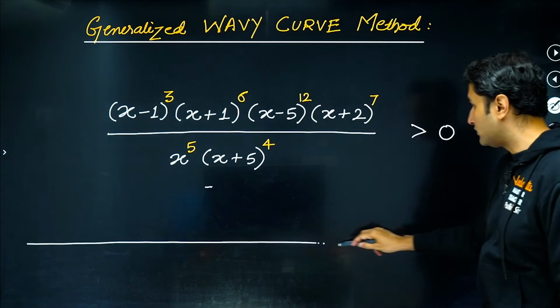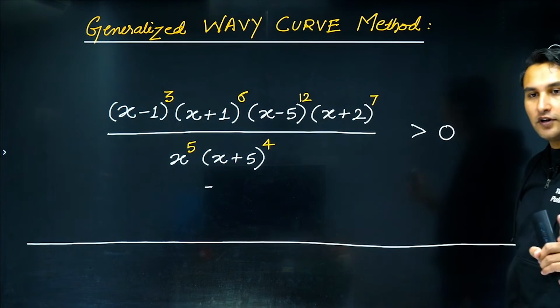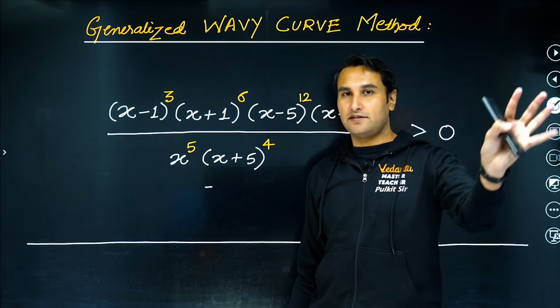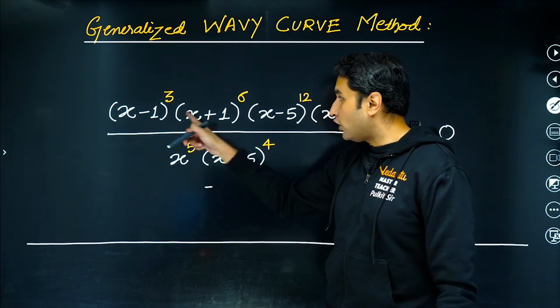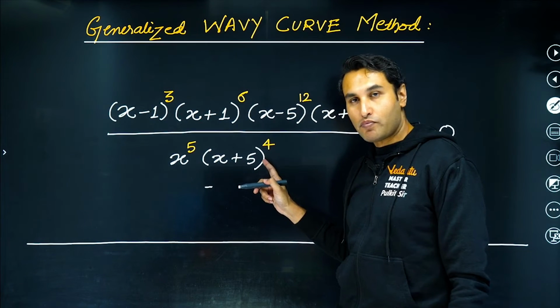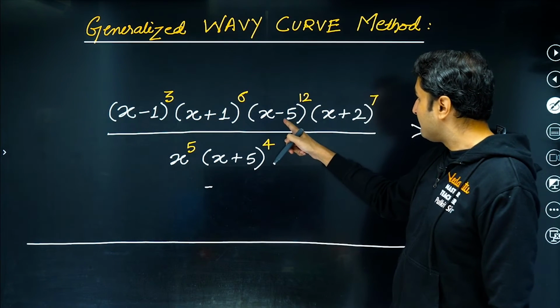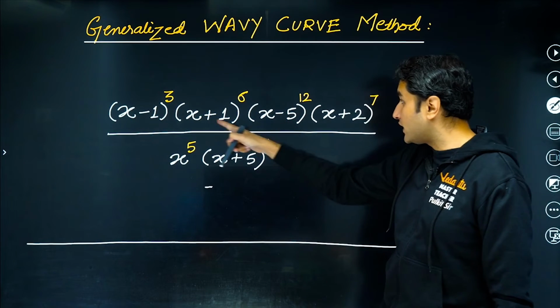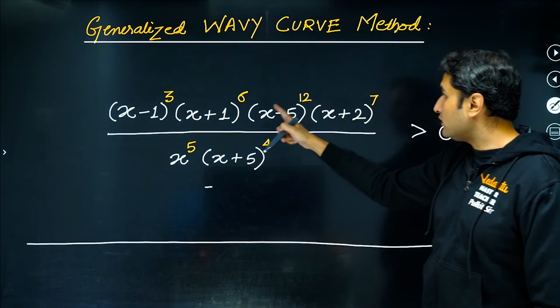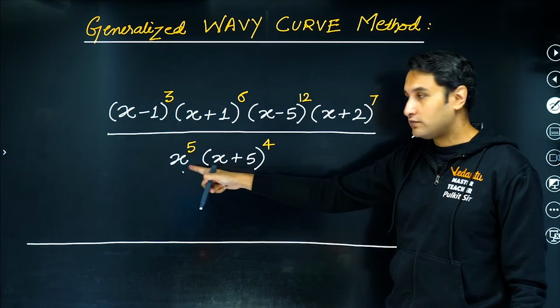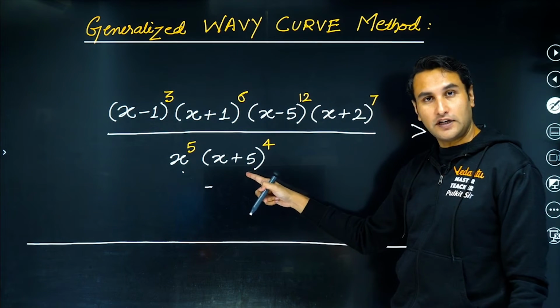Again as usual, make the number line. Step 1 remains the same. Step 2 remains the same. What is step 2? Plot all the zeros. What are the zeros? Bachcho, what are the zeros? 5, the biggest one, then 1, 0, -1, -2, and -5. Let's plot.